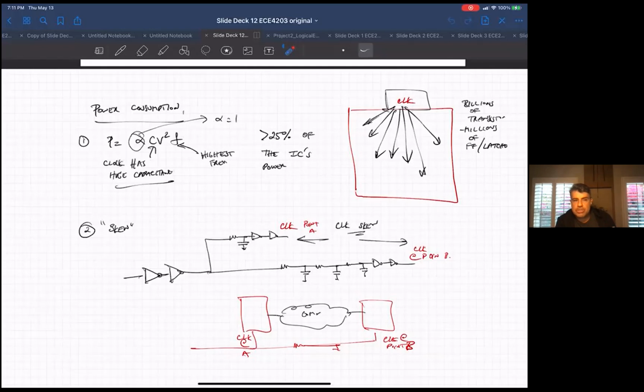There are lots of these sequential circuits in your chip, and they're all seeing the clock. Looking at the CV squared F equation for power, or alpha CV squared F, you have a huge capacitance on this node, so that doesn't help. By definition, this is running at the highest frequency available in your system, and by definition, the activity factor is 1. So it's as bad a case as you can get in terms of power consumption. So it's huge. That's one really important thing.